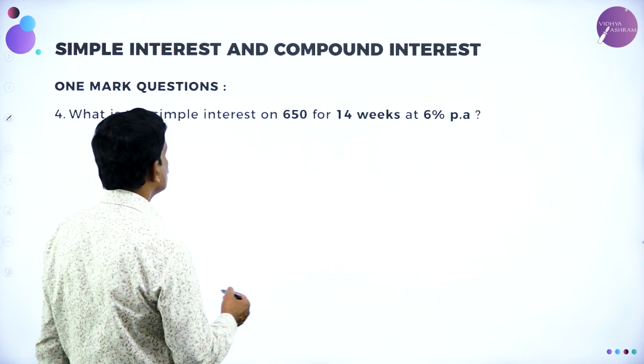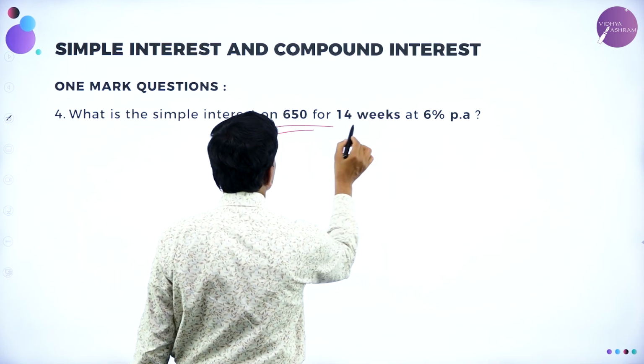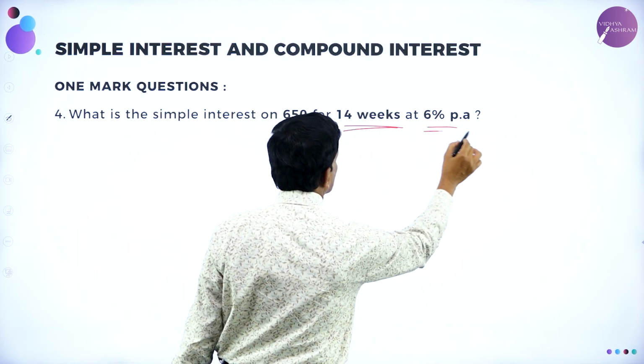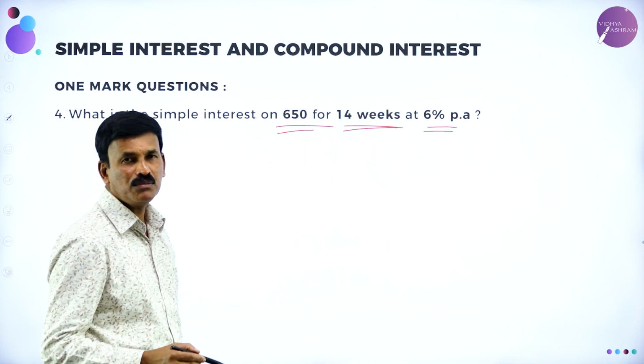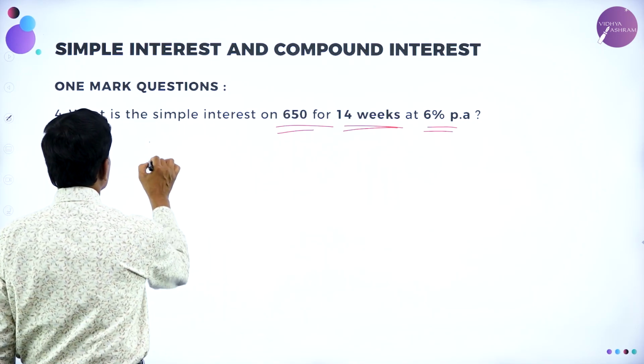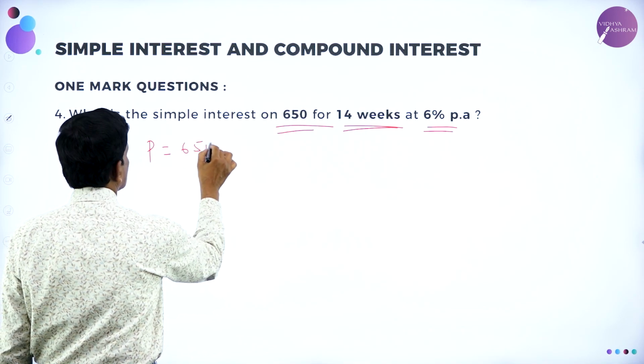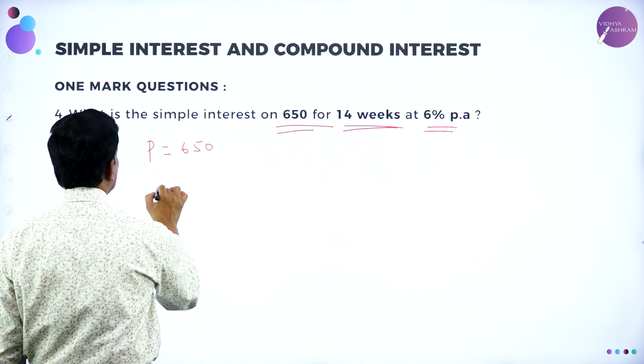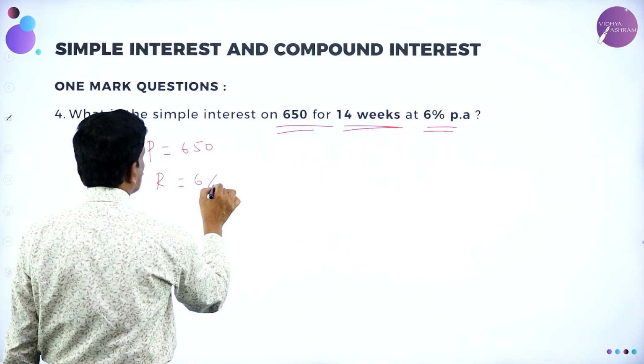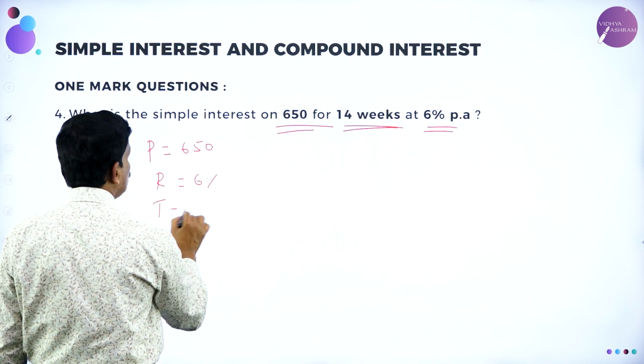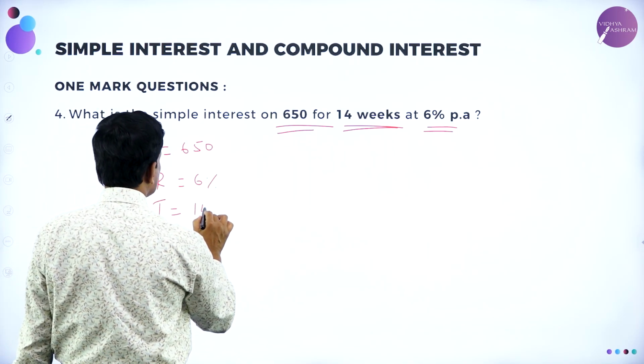What is the simple interest on rupees 650 for 14 weeks at 6% per annum? So, here the time is in terms of weeks. What is the principal given? Principal is 650 rupees and the rate of interest R is equal to 6% per annum and the time is equal to 14 weeks.